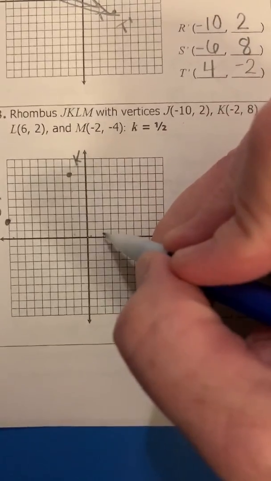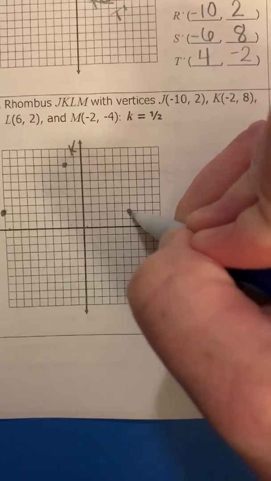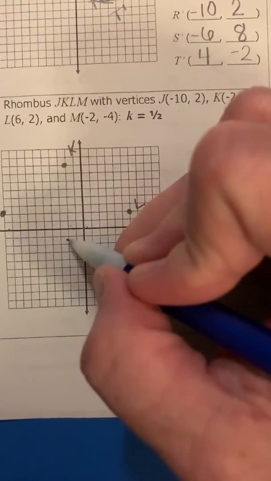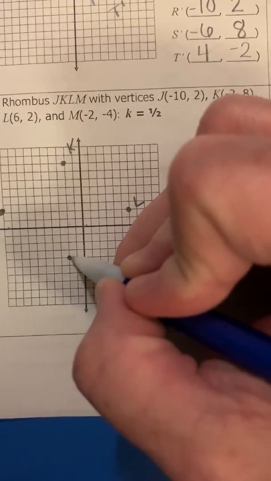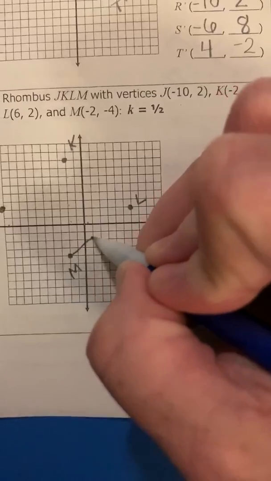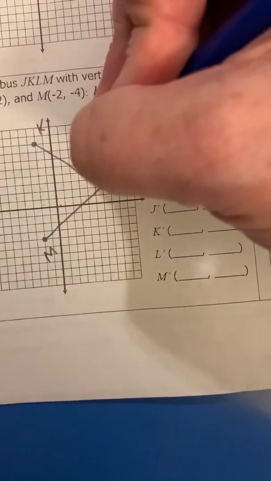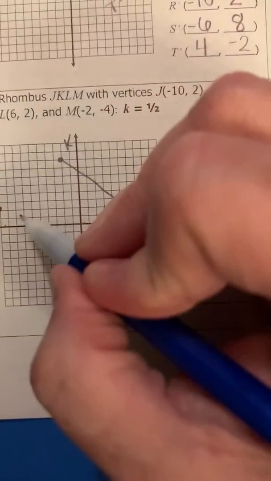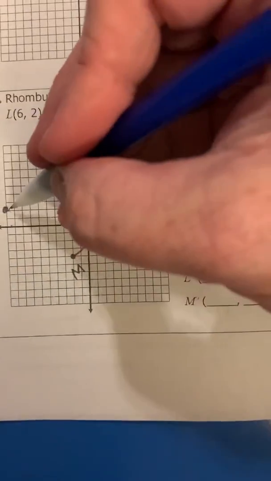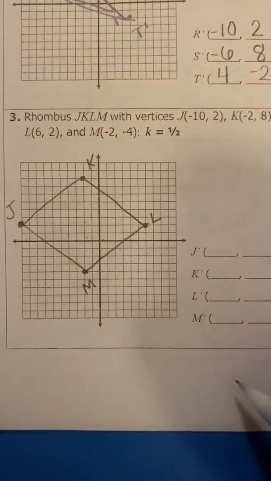L is 6, 2. And M is negative 2, negative 4. So I'm going to draw in my lines. Okay, and I have my pre-image.